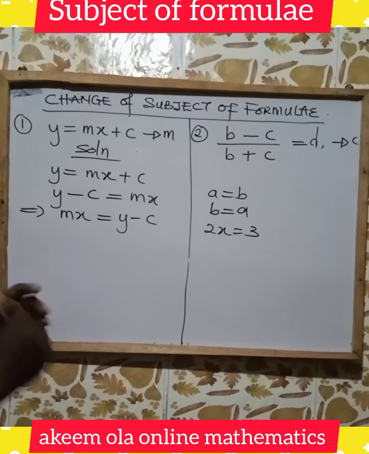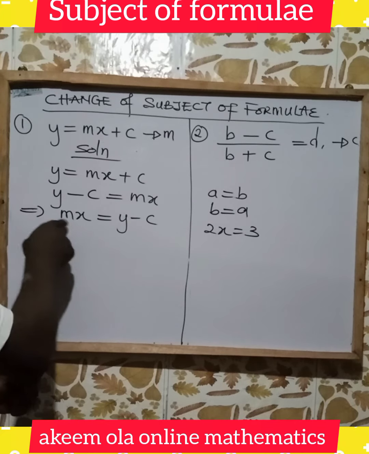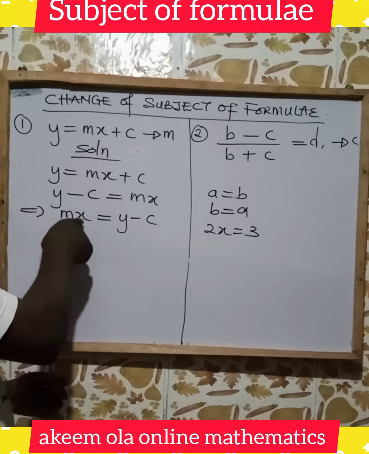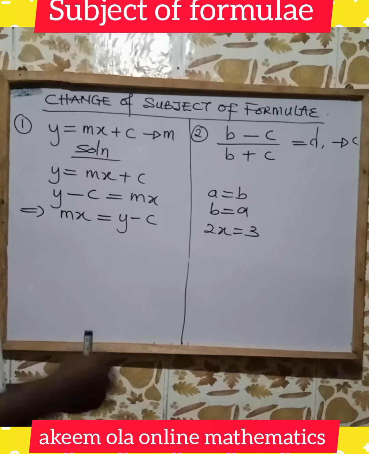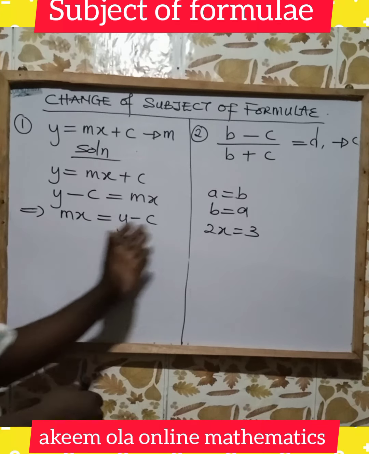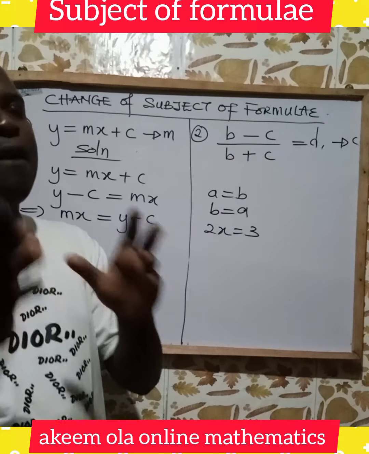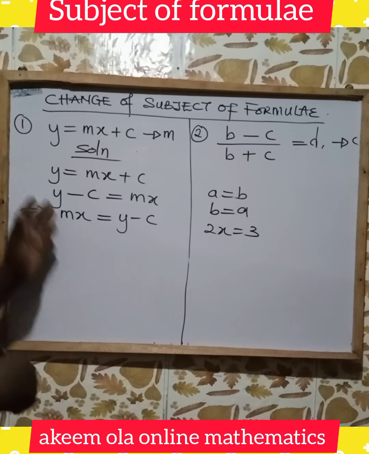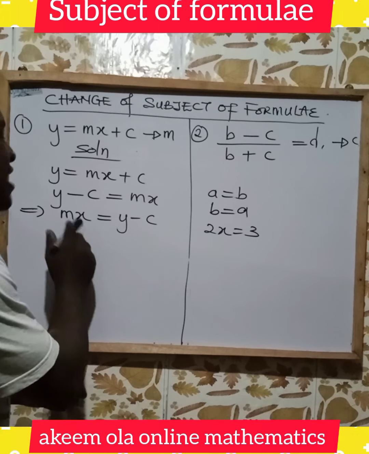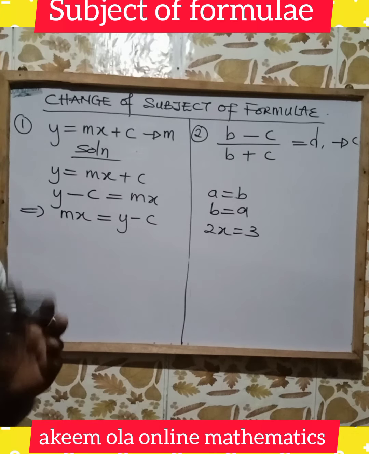So what we need to do now is that you will notice that the coefficient of m in this equation is x. Forget the fact that x is in front of m. That means we are going to divide both sides by x because only m must be here. And the only way we can remove this x here is by dividing both sides by x.